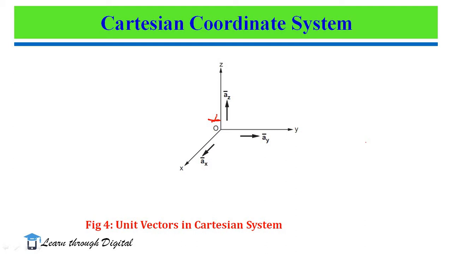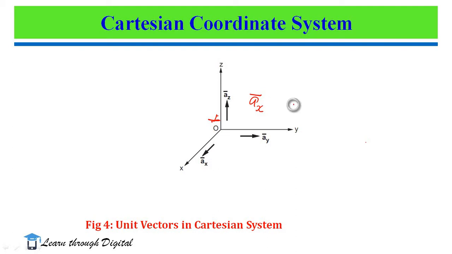This figure illustrates unit vectors in the Cartesian coordinate system. As we know, generally a unit vector is represented as a small letter a with an overbar, and the subscript x represents the direction of the unit vector.